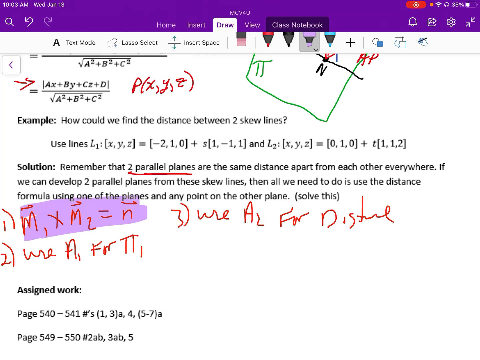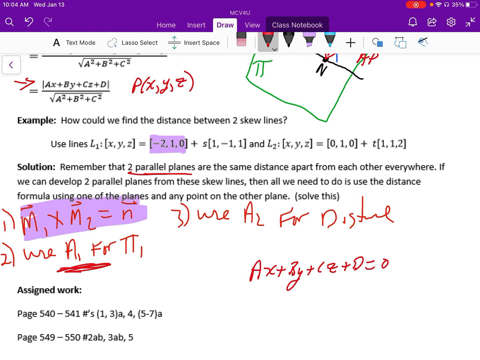You can then take the point on line 1, which would be the point (-2, 1, 0), and substitute that into your equation for the plane. If you do the cross product, you already have the AX plus BY plus CZ, and you solve for D by putting in A1.